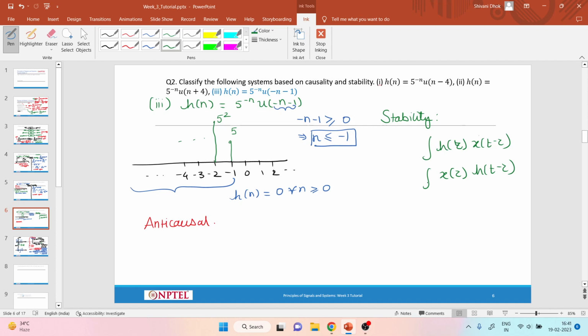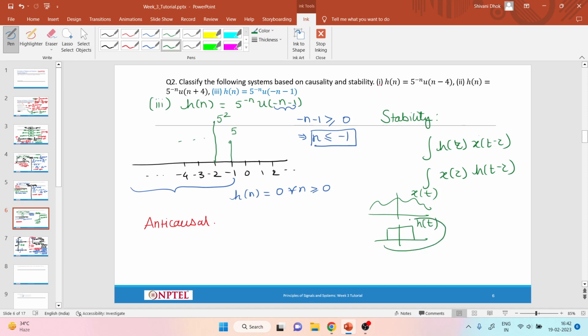You can look at your signals, what you're having as h of t and what you're having as x of t. Suppose I'm having an exponential signal or some very random signal, something like this. This is my x of t, and suppose my h of t is this.